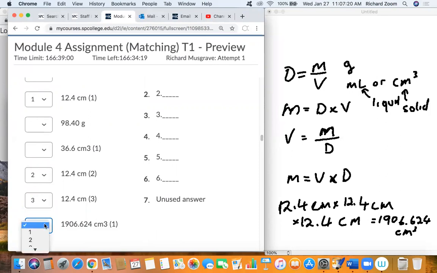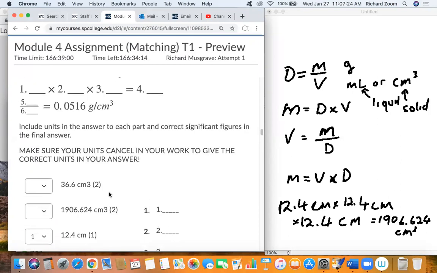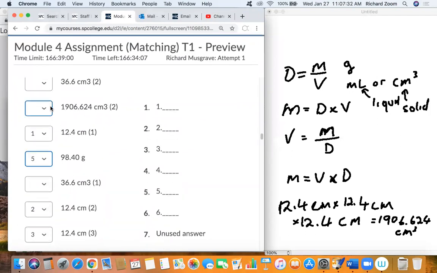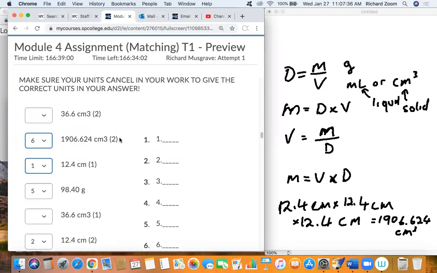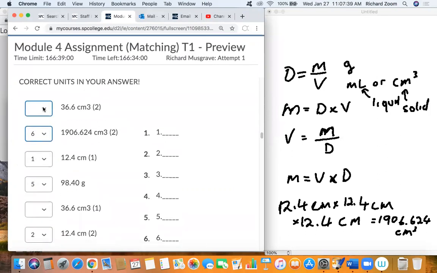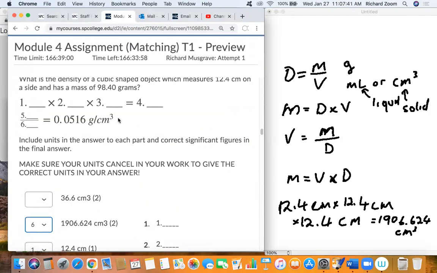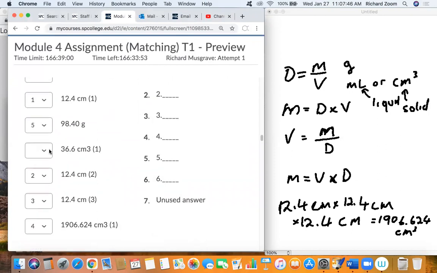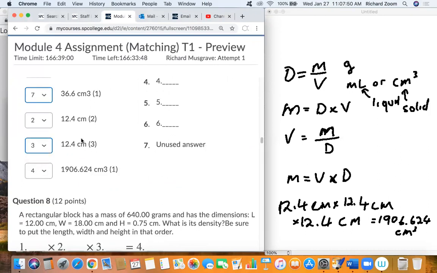That's what goes in answer slot 4. Then answer 5, that will be the mass. And answer 6 will be the second instance of the volume that we calculated. And then everything else is unused, and you have to put a number 7 in that. So anything that's not used is an unused answer. You have to put the 7 in. You can't just leave it blank. That's how we'd solve a problem like that.